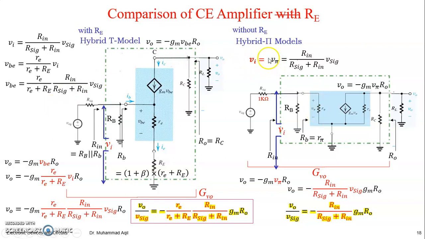Whereas here, if you want to write Vi in correspondence to V signal, this is the relation. But here Vbe in correspondence to the V signal is the same up to here, but this one is different from this one. Why? Because of this combination.